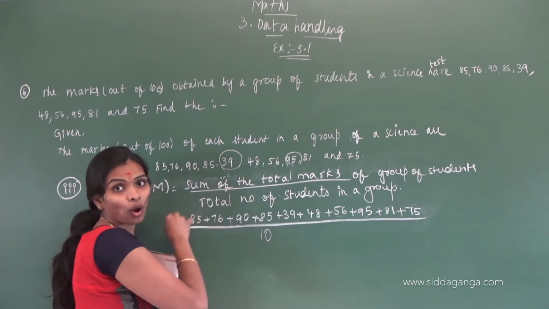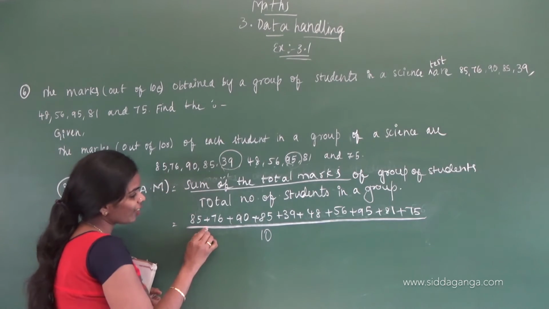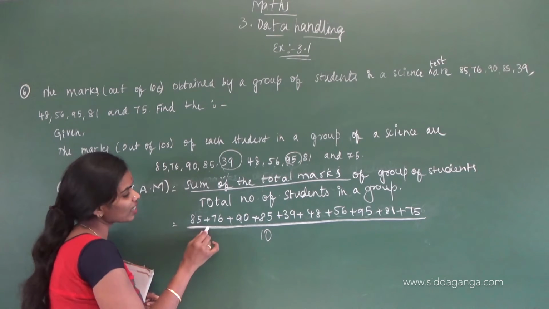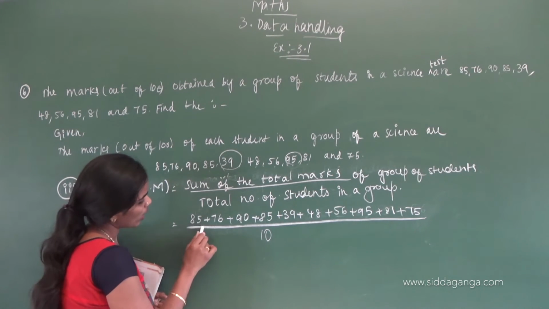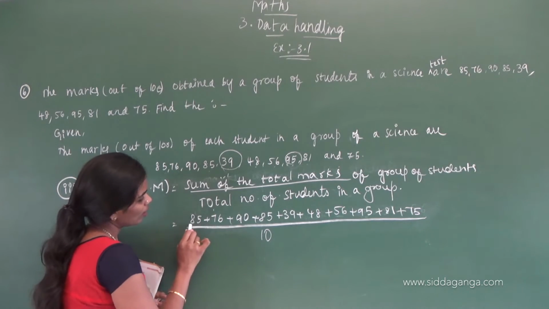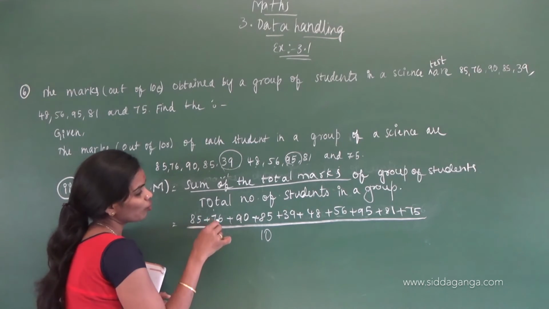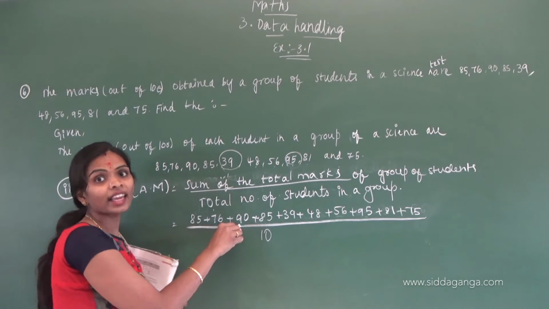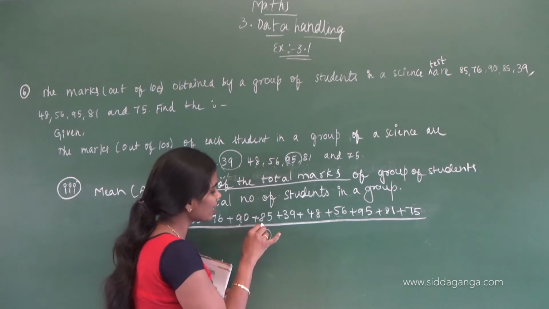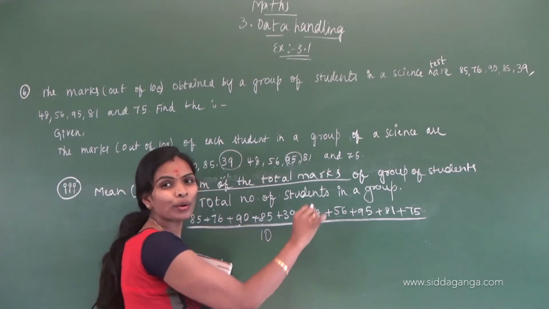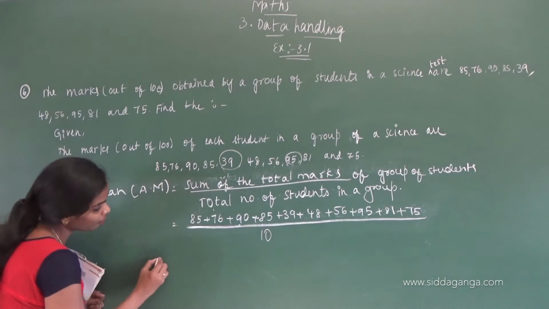If you add all this, 85 plus 76 is 161, 161 plus 90 is 251, 251 plus 85, and so on, you will get 730.